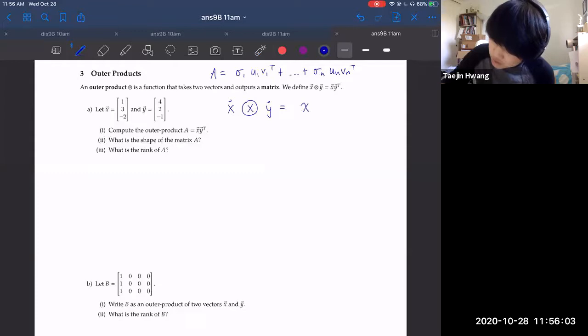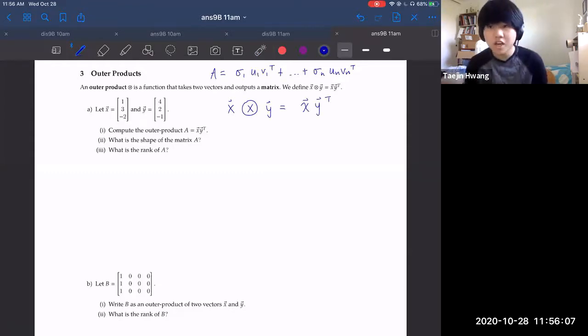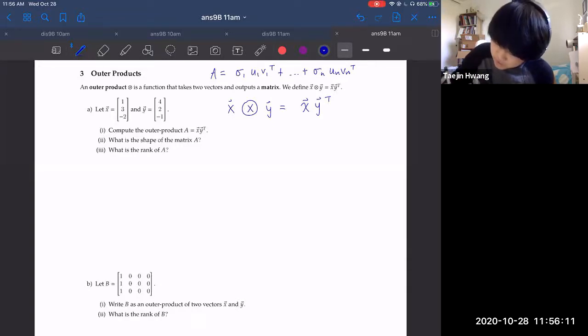But the outer product is defined to be x times y transpose. So if x is m by 1 and y is n by 1, notice how the shapes can be different as well. We're going to have an m by 1 times a 1 by n, and we'll have an m by n matrix.